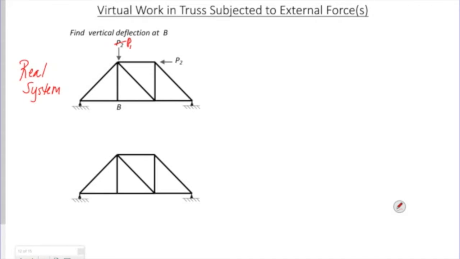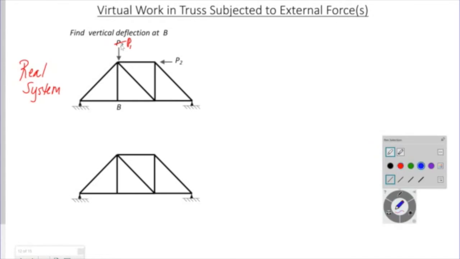And I want to find the vertical deflection at B, which is the vertical deflection due to these loads that are on there. The vertical deflection at B due to loads P1 and P2. So I am going to draw the exact same system with no loads on it.